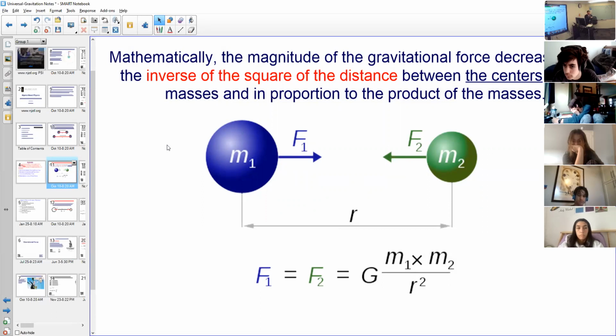And inverse square relationships are relatively common in science.